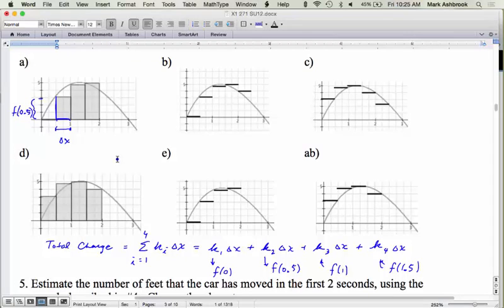Because we're in the rectangular coordinate system, this k delta x, this bit of change, rate of change times delta x, then also becomes the area of a rectangle. Width times height. So delta x is the width of this rectangle, and the rate of change is the y value, so it's this height, h. And so in a geometric sense with the graph, these bits of change can also be thought of as areas of rectangles.